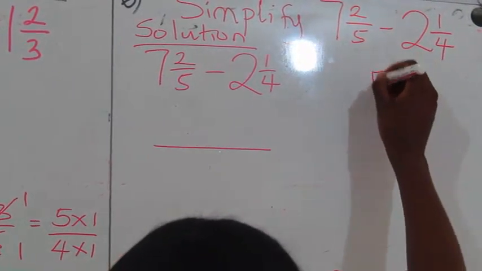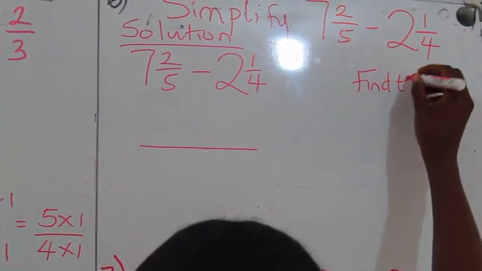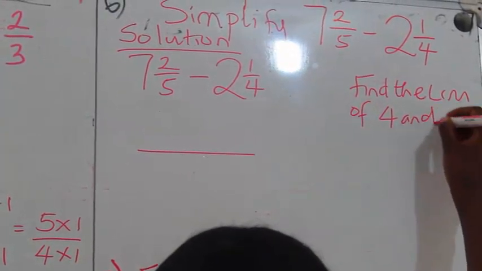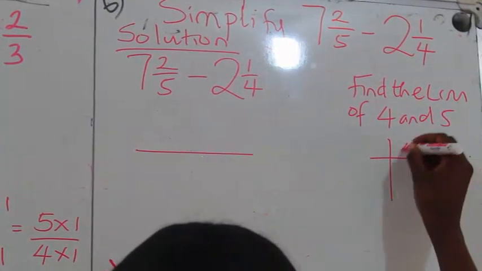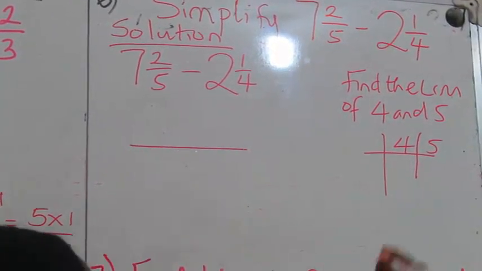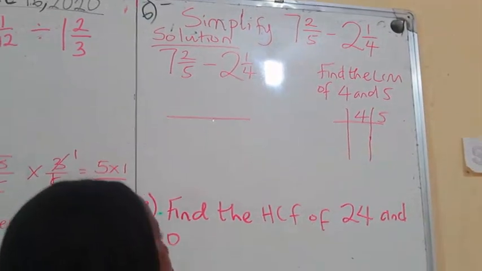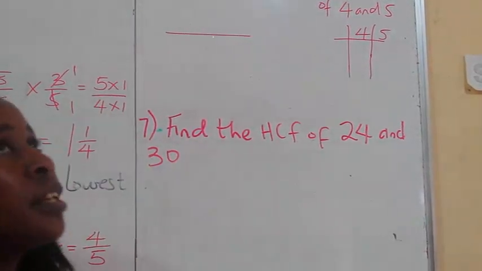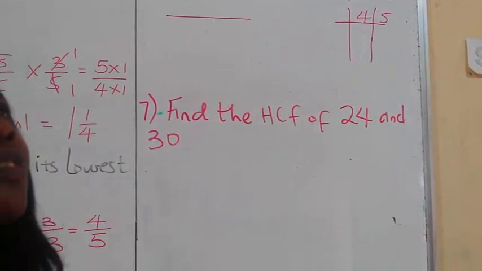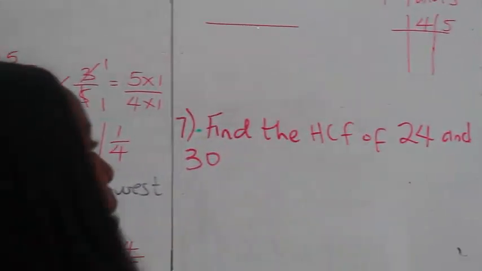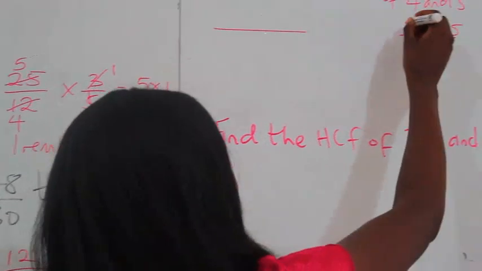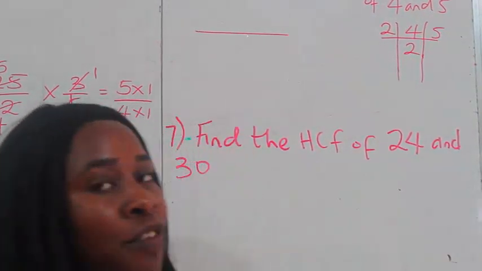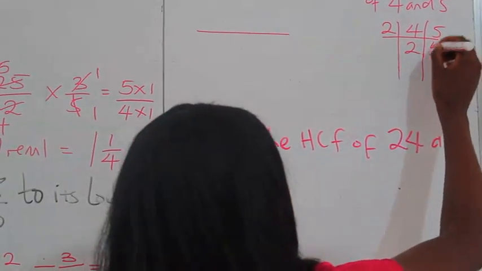We have to find the LCM of 4 and 5. Alright. LCM of 4 and 5. The only number that can divide 4 and 5, which is a prime number, is 2. 4 divided by 2 is 2, and 5 divided by 2 will have a remainder, so we'll write down 5.